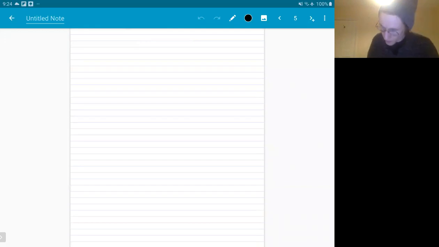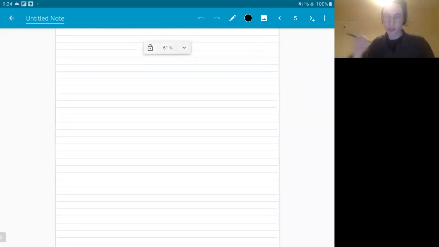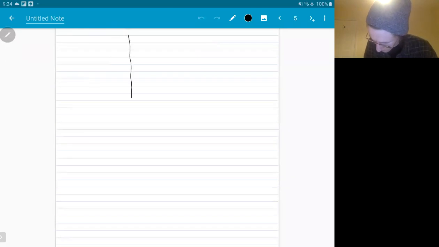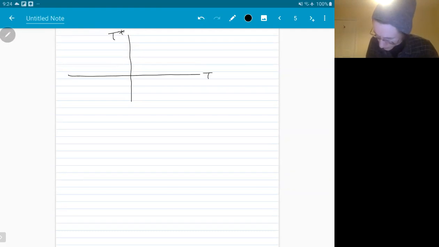And if you remember, the way to go between the two definitions involved this picture. Here we have T, here we have T star, and then we had these two subbundles, C plus and C minus.